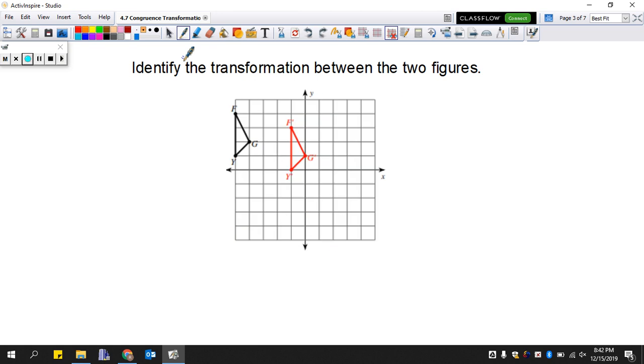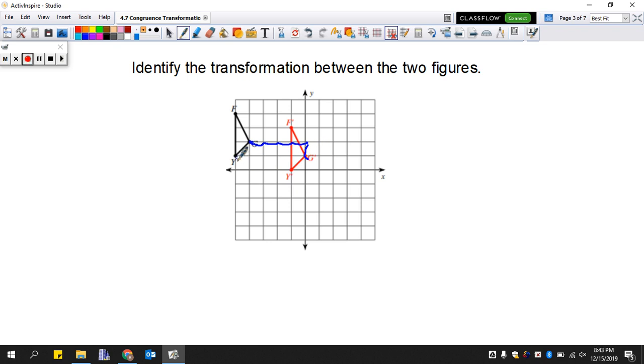The next one. This one, you just took the figure and slid it to the right. So this is a slide or a translation. You pick one point, so we're going to pick this point G, and we slid it 1, 2, 3, 4 spaces to the right and 1 space down.